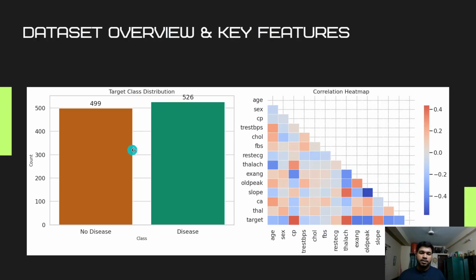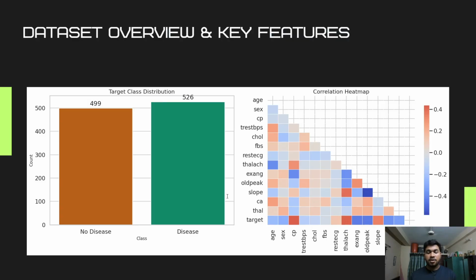So let's look at the dataset overview. For this experiment, I have used the heart disease dataset. The dataset contains medical information such as age, cholesterol, chest pain type, blood pressure, and heart rate. On the left side, we can see the target class distribution.